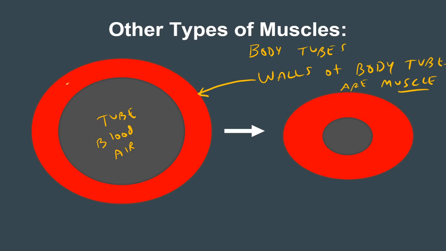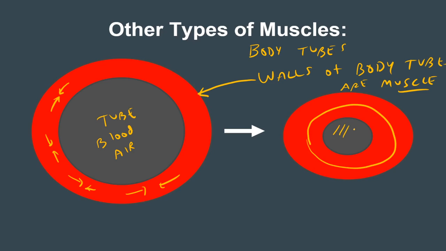So if all the little muscle cells inside the body tubes, you're going to get contraction here and contraction here and contraction here and contraction here, and throughout the whole tube. The result of that, if they all contract together, is the tube is going to get smaller.